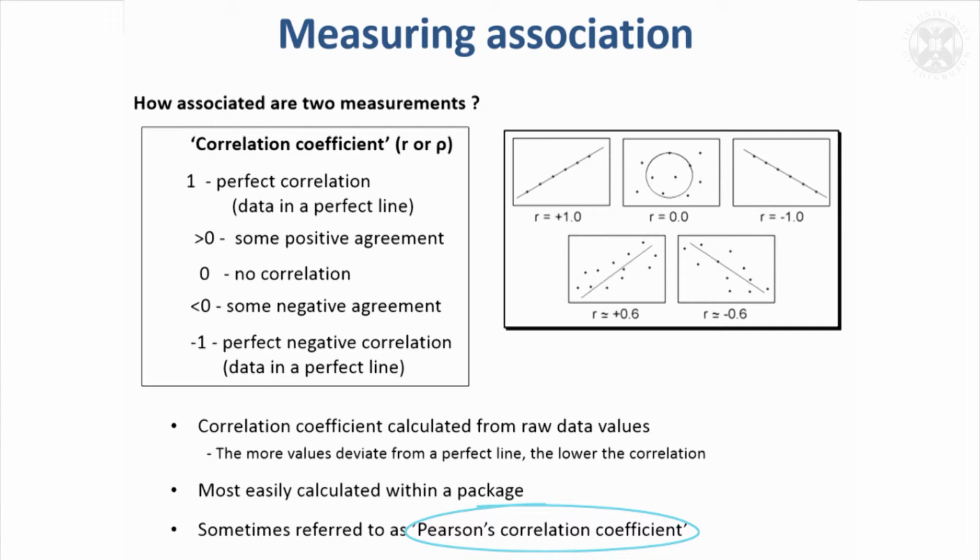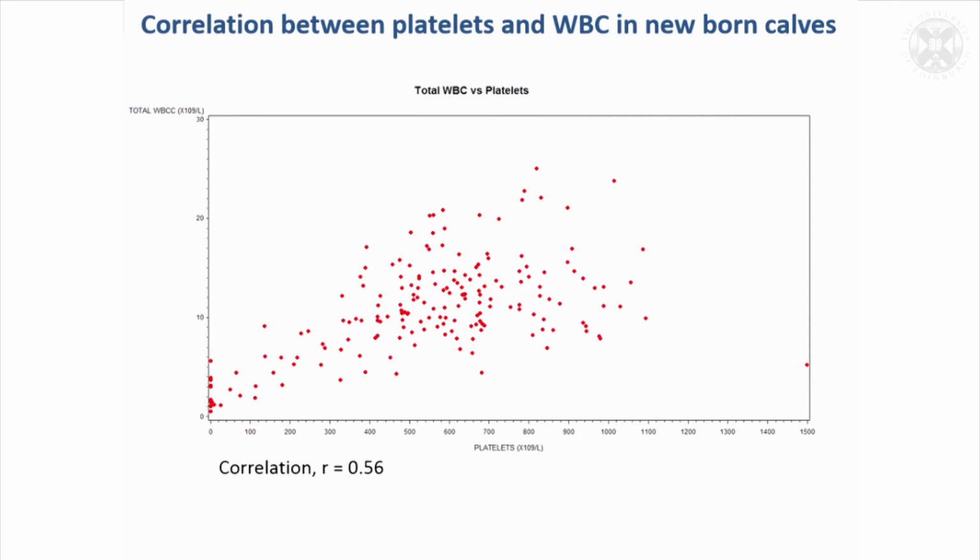That's the conventional one. However, it assumes a fairly symmetrical or normal distribution. If your data are badly distributed, it's useful to know there is another type of correlation available which works with the ranks of the data. Sorry, I'm jumping ahead. I'll just show an example of an ordinary correlation to start with.